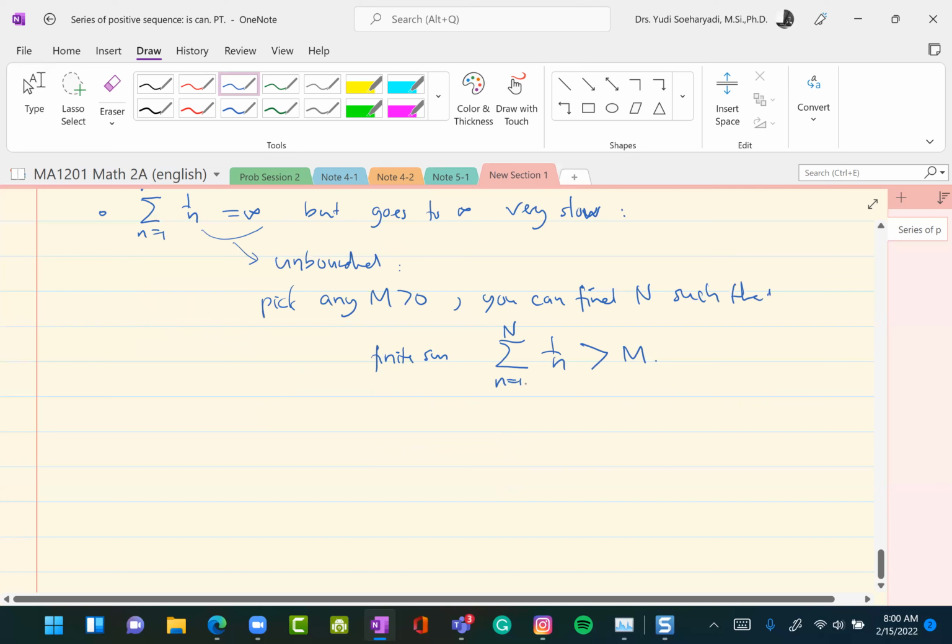So let's check this one here. By the integral test, this is basically the integral from 1 to n of dx over x, which gives you ln n.